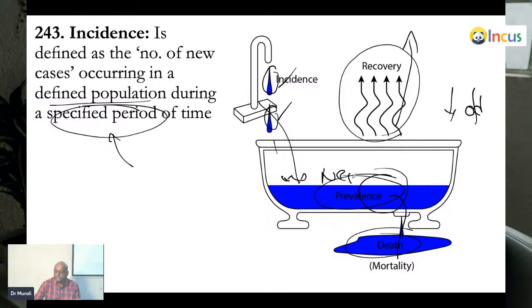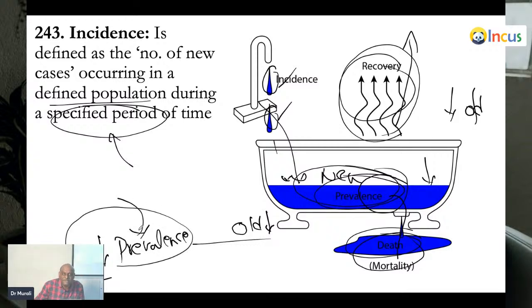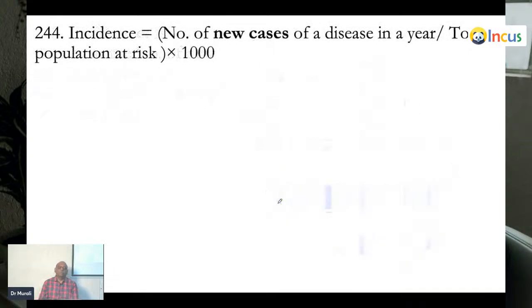So new plus old is prevalence. And prevalence can come down sometimes because the old cases either died or recovered. So just because prevalence decreased, don't think that our treatment is very effective. Maybe a lot of people died or naturally recovered, not because of your treatment. So that's what we need to remember.